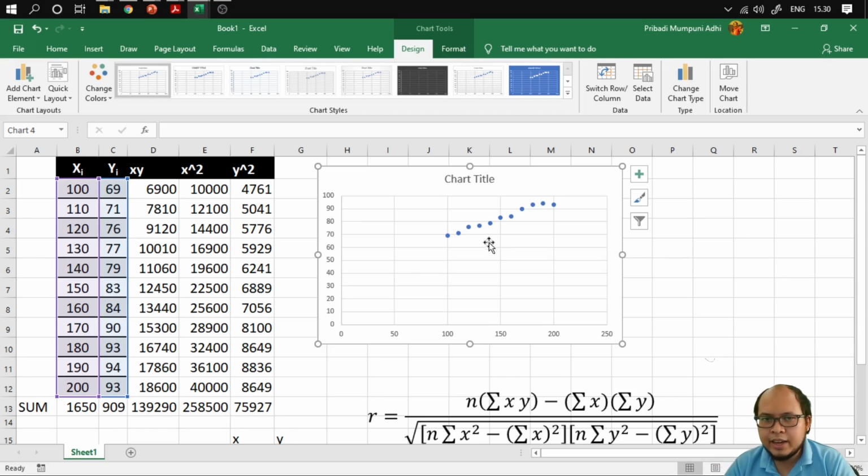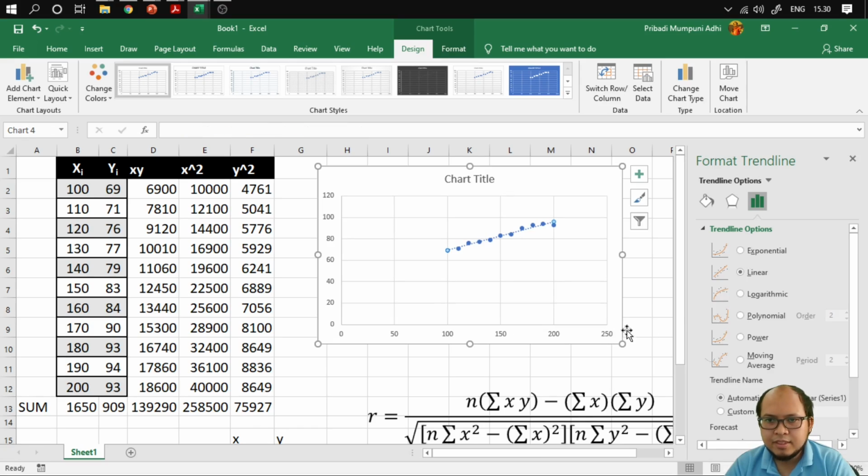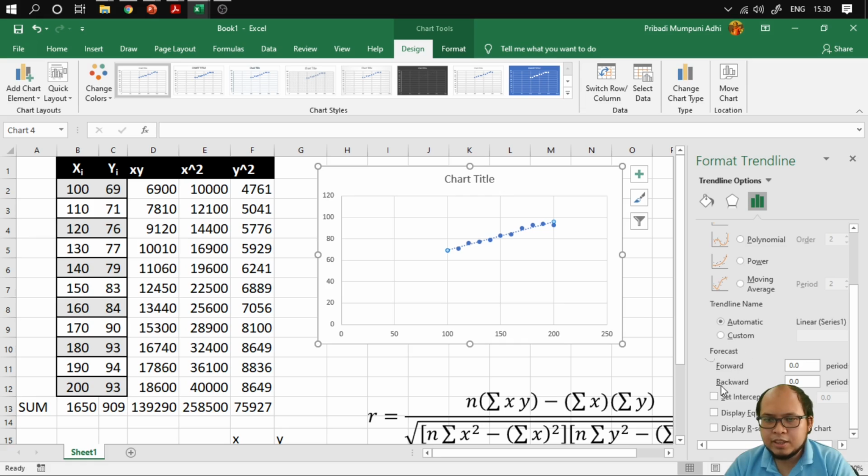So we can edit this to see the trend line. We use add trend line. We use linear and we put display equation on chart and display the r square.